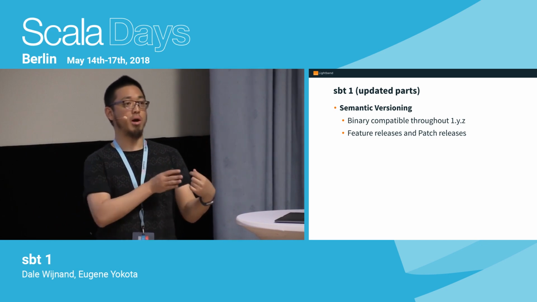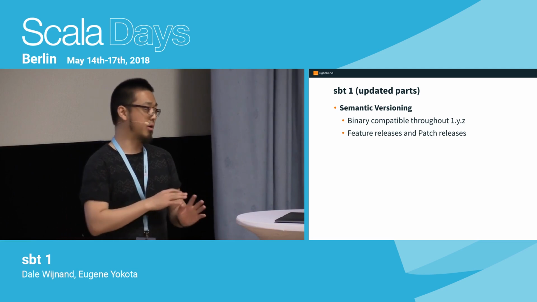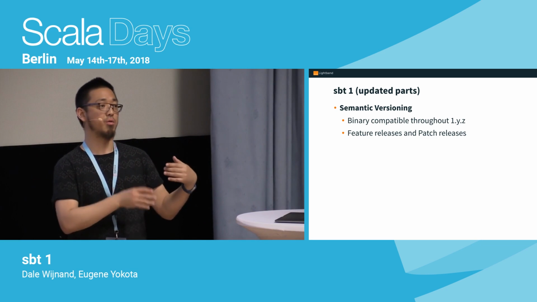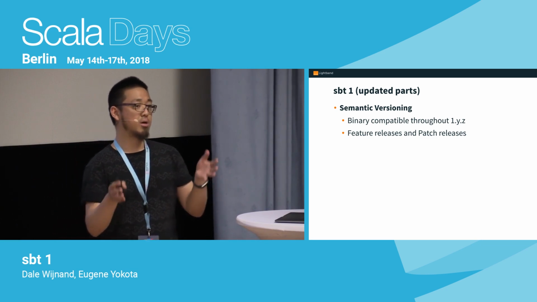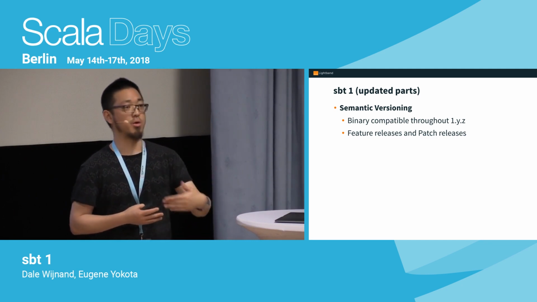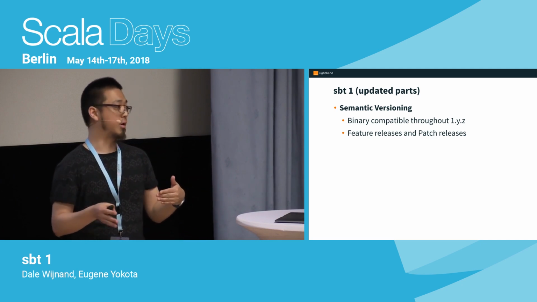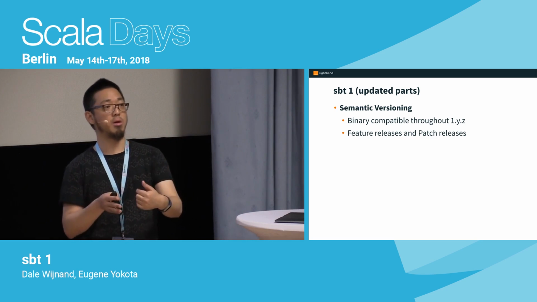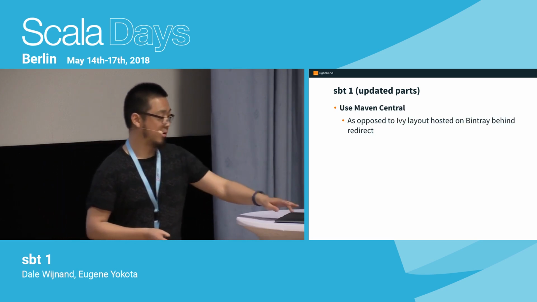Throughout the 1.y.z series, it will be binary compatible, similar to the way 0.13 was compatible through 0.13.1, 2, 3, all the way to 17 or something like that. So once you release a plugin against 1.0 something, that would work against 1.1 and 1.2. Right, and so there is a feature release, which is 1.1, and then there are patch releases like 1.1.2 and 1.1.5.